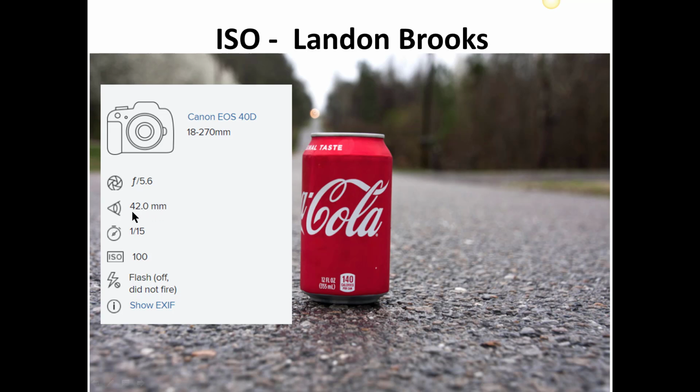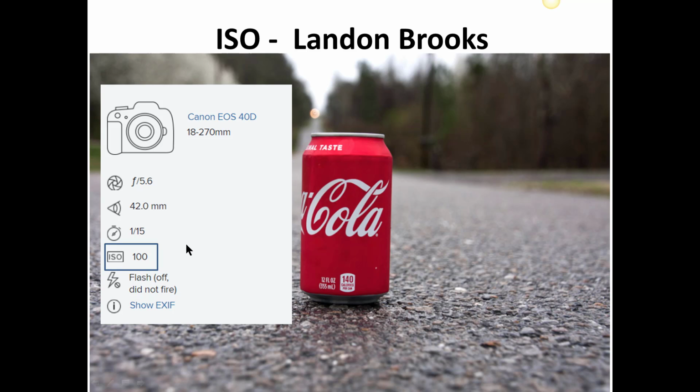If you're using a zoom lens, for example, and this is a zoom lens, so he had it set at 42 millimeters. Which is slightly less than the standard that our eye sees. And this is the shutter speed, which is 1/15, which is pretty slow. And right here, we have the ISO setting. So for this particular shot, he's trying to show a low ISO setting.